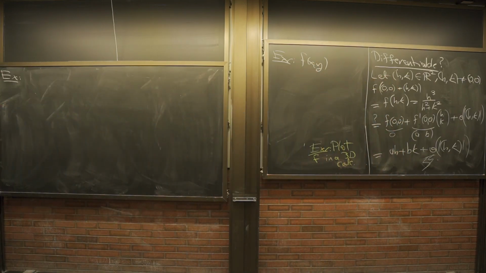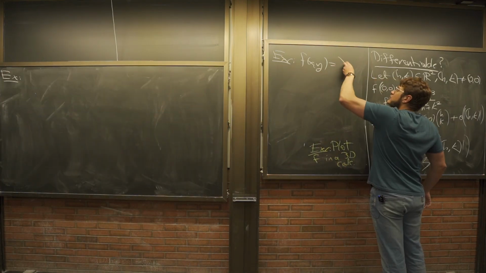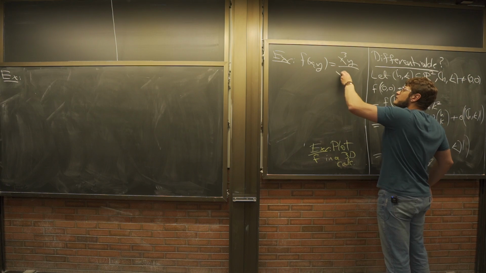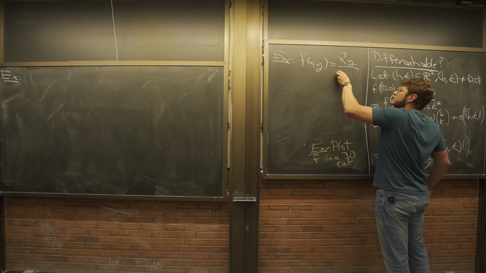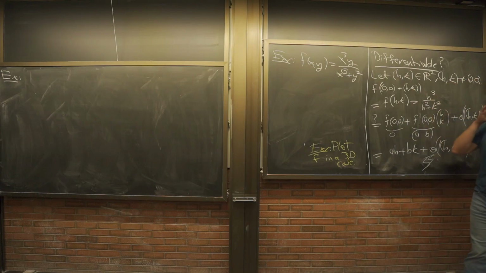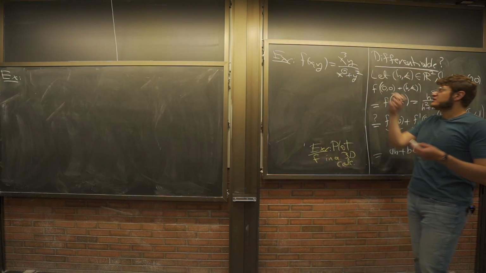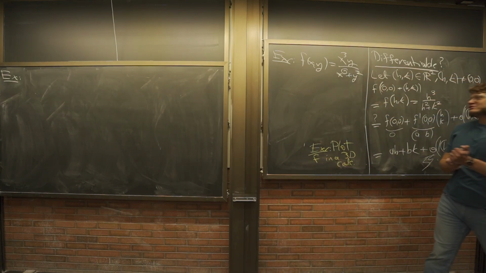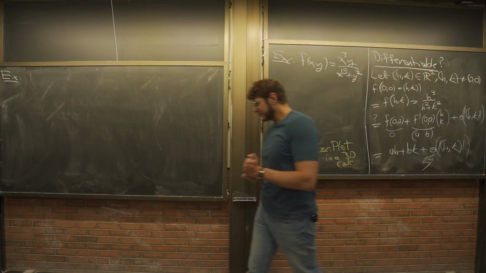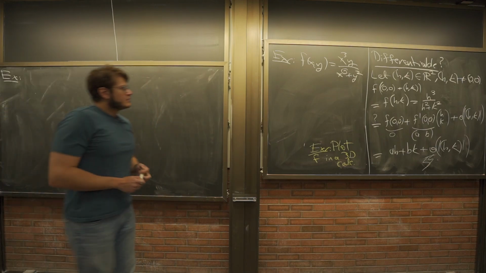So this exercise is about that. This is very similar. x cubed y over x sixth plus y squared. Again, this formula applies for x, y non-zero. If you're at the origin, you put 0. And again, the numerator doesn't decay faster, actually, but it decays just enough, let's say. And so this is still continuous. That's not a problem.